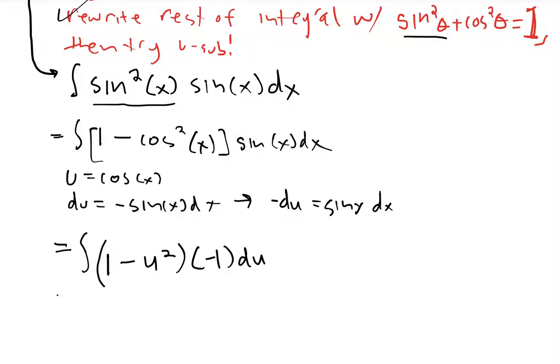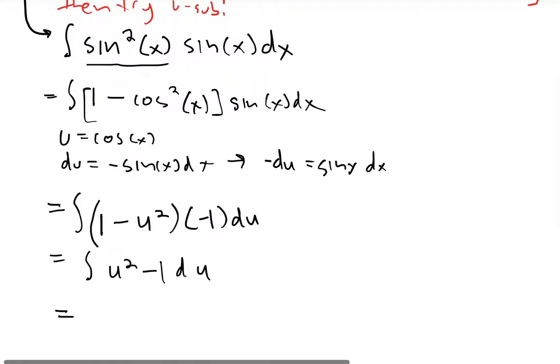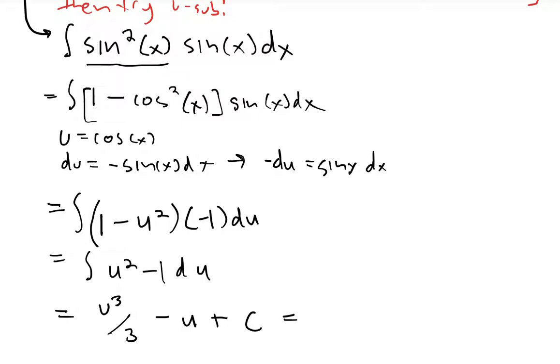And if I wanted to clean this up to antiderive, I could. I can think of this as u squared minus 1 that I'm antideriving. This should give me u cubed over 3 minus u plus c, or if I recall that u is cosine, this is cosine cubed of x over 3 minus cosine of x plus c.